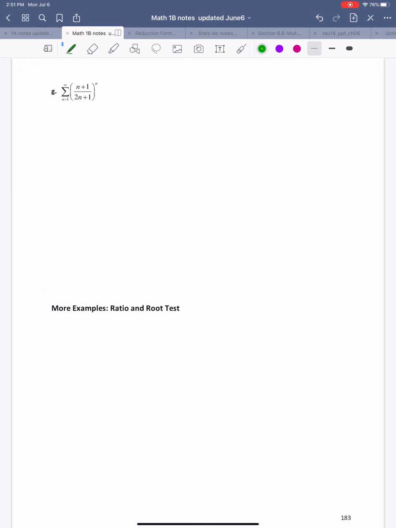Okay, the next problem, this one we have something raised to the power n. Anytime you have a power n, it's helpful to do the root test. So let's go ahead and try the root test for this problem, because you see something raised to the power n.